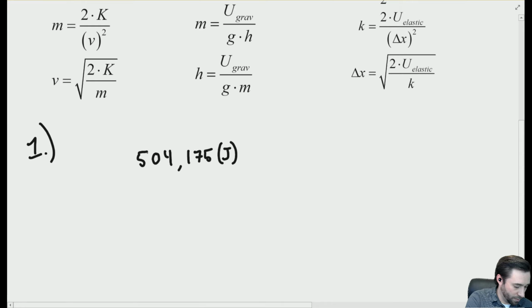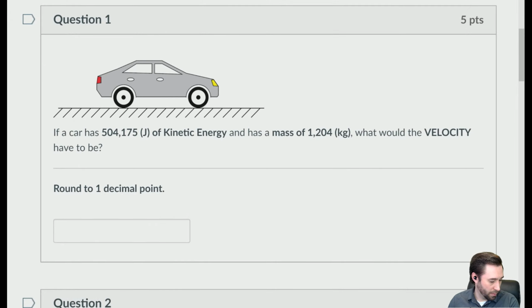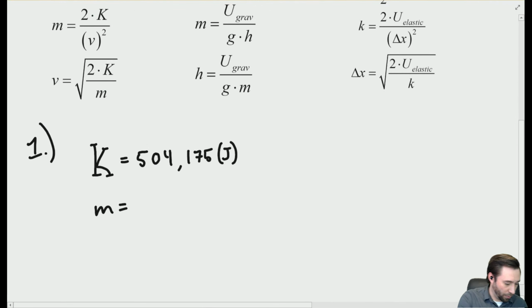That's joules, and that's going to be referring to the kinetic energy. And then it has a mass of 1,204 kilograms. So these are my knowns.